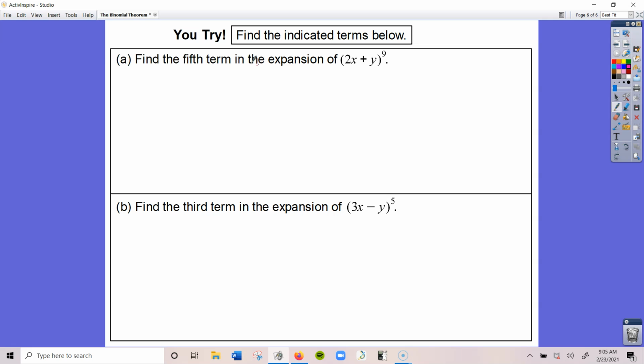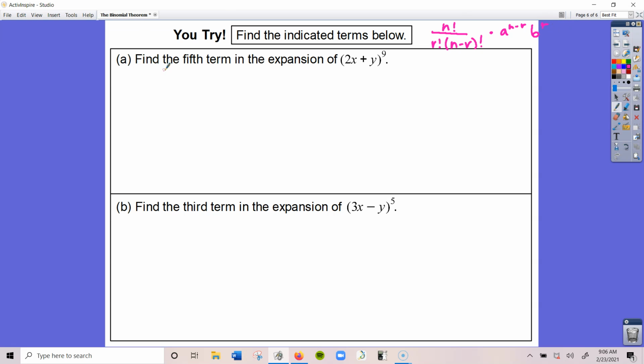For this one, we want to find the fifth term in the expansion 2x plus y raised to the ninth. Now I'm going to write the formula here on top just so that we can use it as a reference. So that's n factorial over r factorial times n minus r factorial times a raised to the n minus r times b to the r.